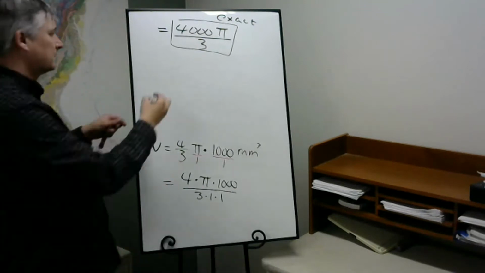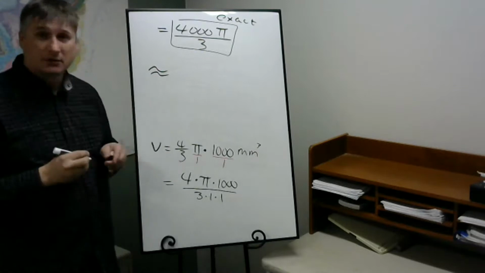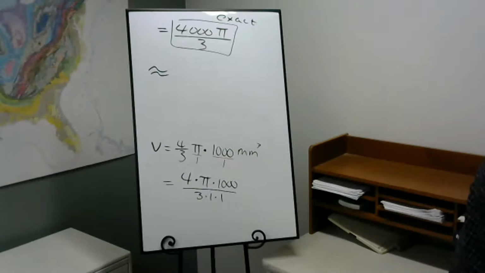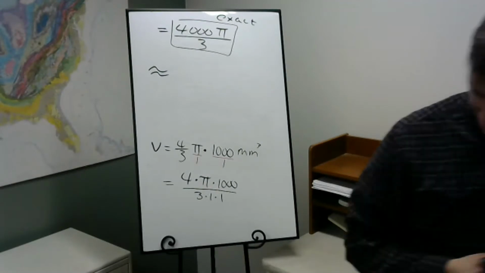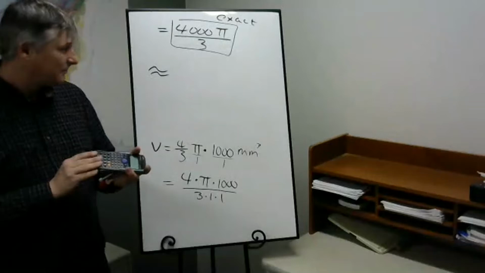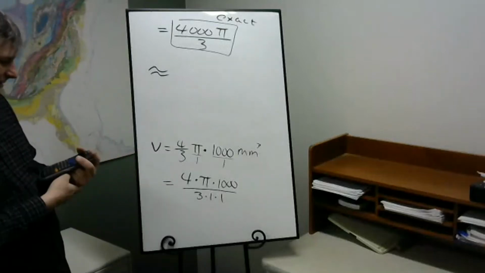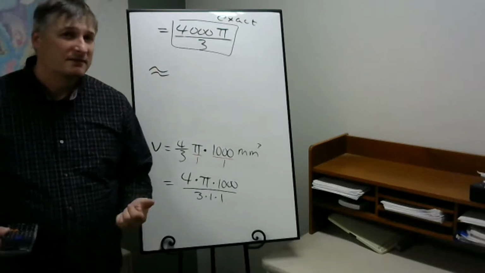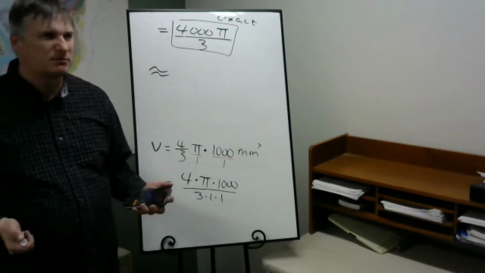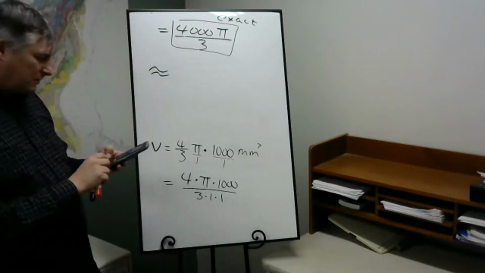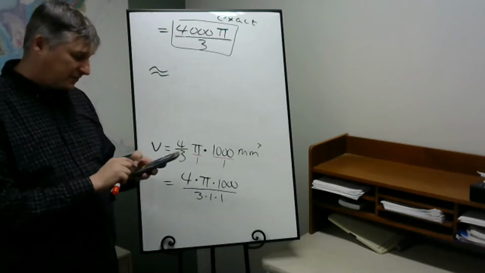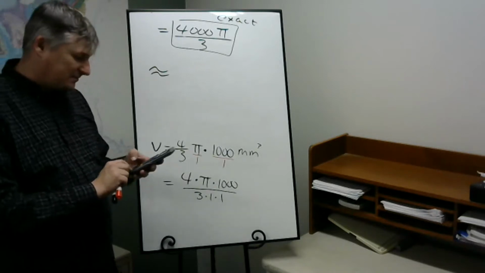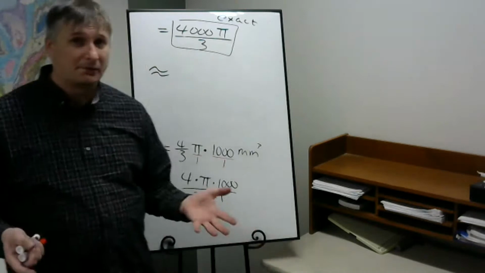Now, as an approximate answer, we could round this, say, to the hundredths. And here, let me get my calculator real quick. We could do 4,000 times 3.14159. Use that bigger approximation, not just 3.14. Sometimes the book will actually have you use that smaller approximation, so we'll have to identify that as it appears.